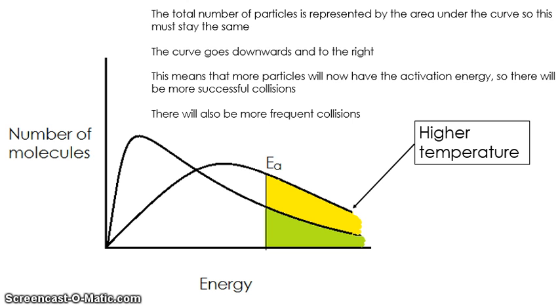Okay, so on the previous slide I had shaded in green the area that represented the number of particles that had the activation energy. So we've still got this on this diagram, but now for the second curve that's got a higher temperature, I've shaded in yellow now the area under the curve to represent the particles or the molecules which have the activation energy in it.